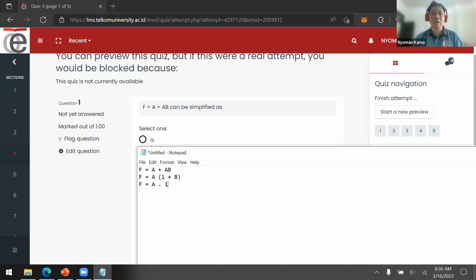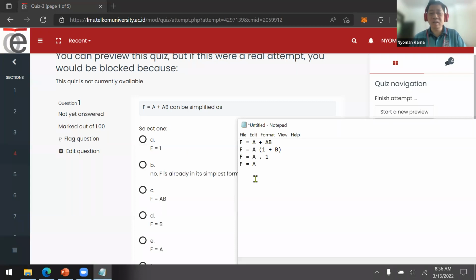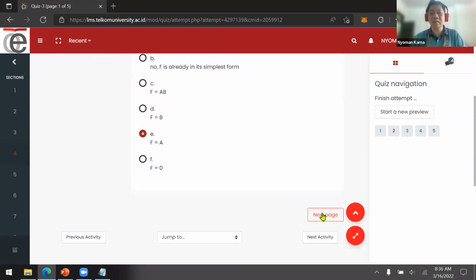That's the identity law. Now, because 1 plus B is 1, F is A times 1, and A times 1 is A itself, because everything times 1 is everything itself. So the answer is E in this case.